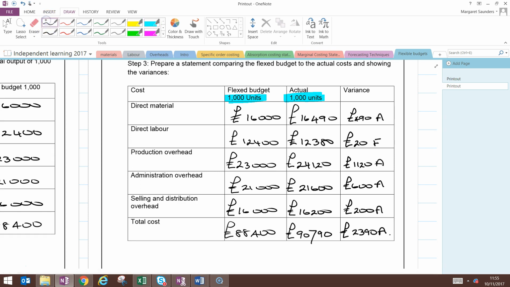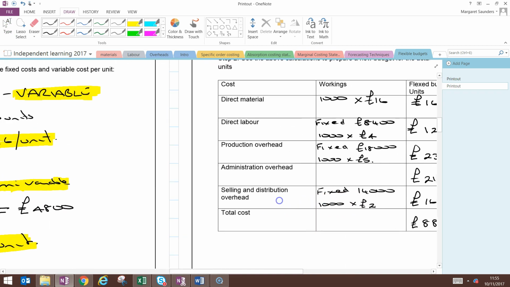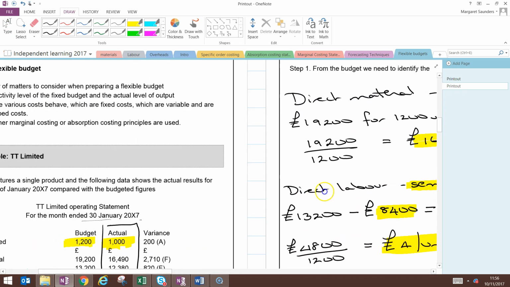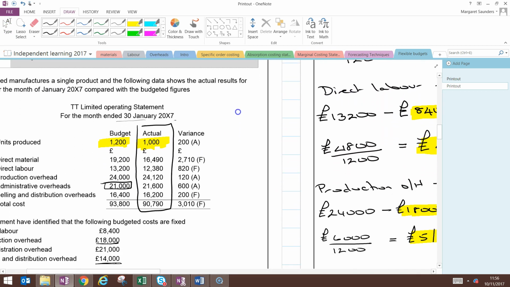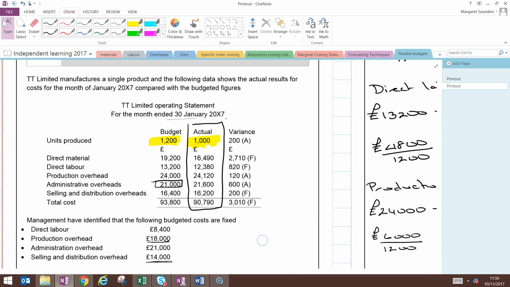If we look back at the original example, the total cost was budgeted to be 93,800, the actual 90,790, giving a £3,000 favourable variance.